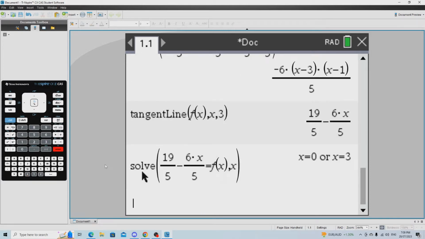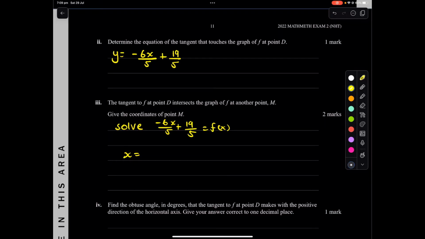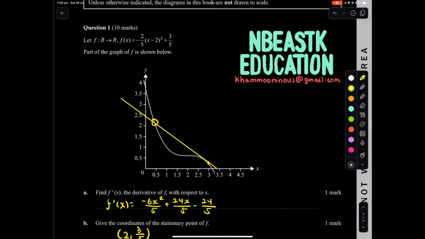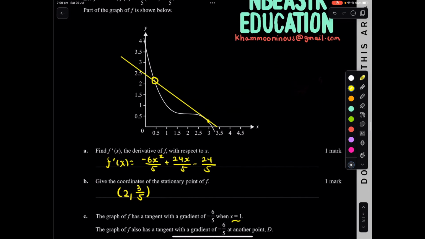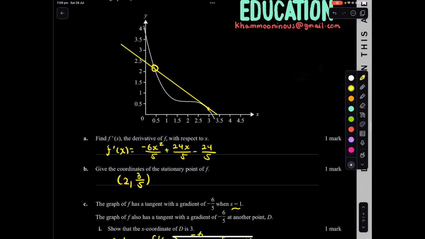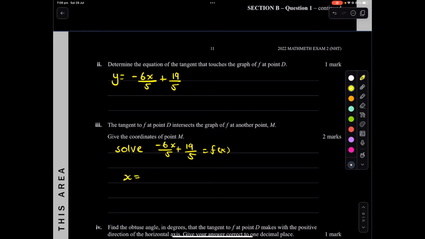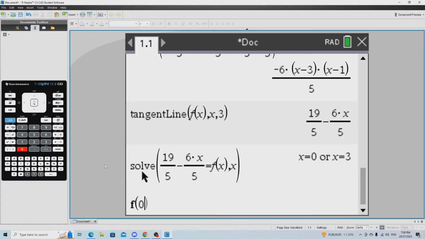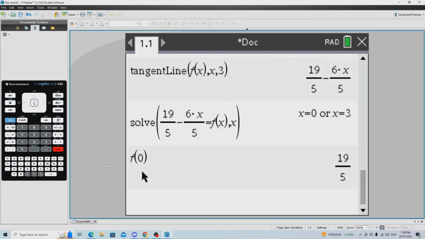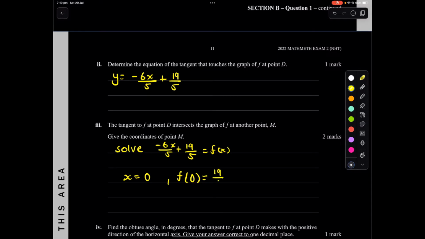We get 0 and 3, but 0 is what we want, where it touches at x equals 0. So we know that x is 0, and f of 0 is 19 over 5. Therefore, the coordinates of point M are (0, 19/5).